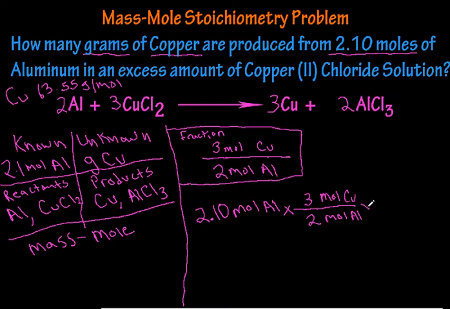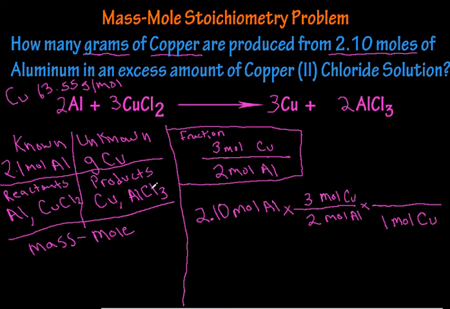Now times that by the periodic table's molar mass. We already said 1 mole is 63.55. Where's mole going to go? On the bottom. That 1 mole always goes with one of your numbers in your fraction when you're getting the molar mass from the periodic table, because that's what it is. 1 mole of any substance weighs that many grams.